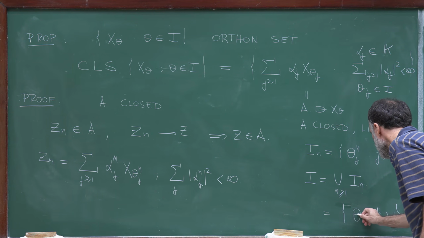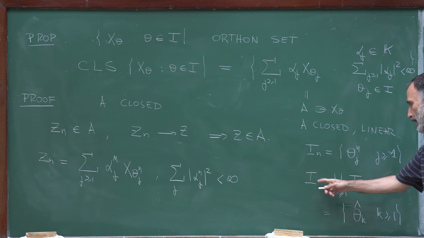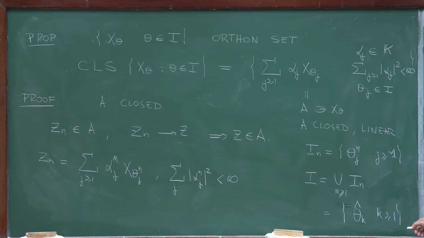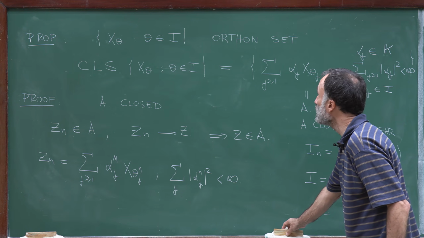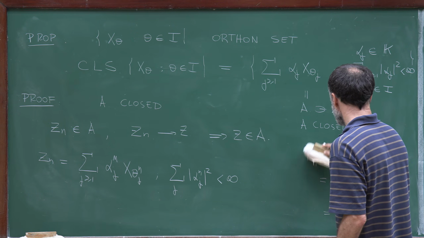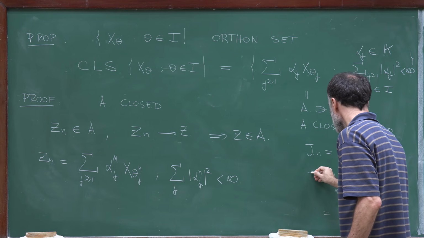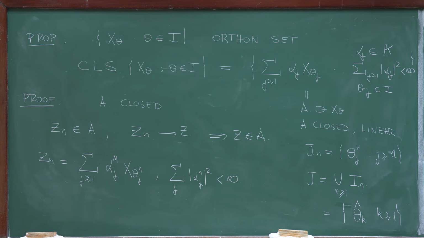Of course, I is a very bad notation because I already used it, so let me call that Jn and J. So Jn is the family of theta n j for j larger than 1.